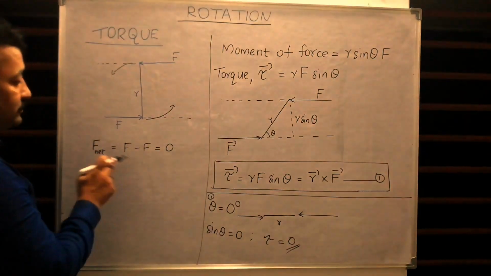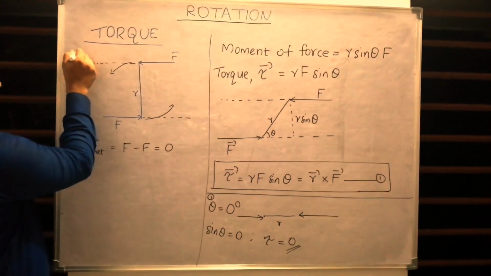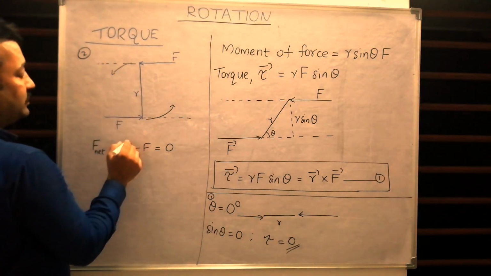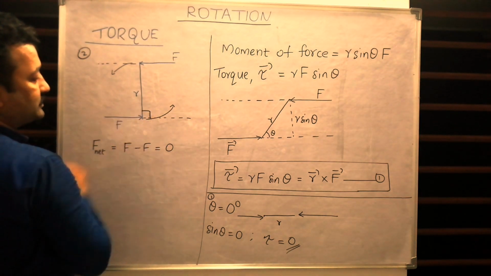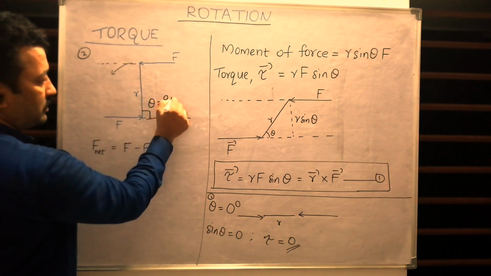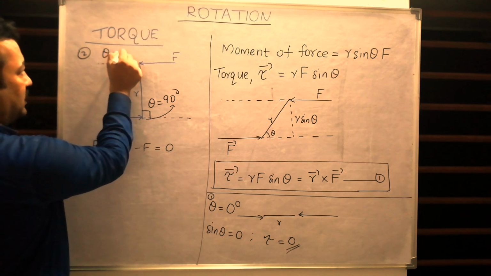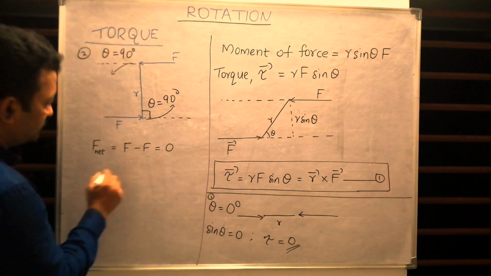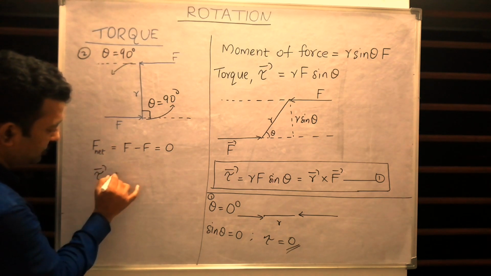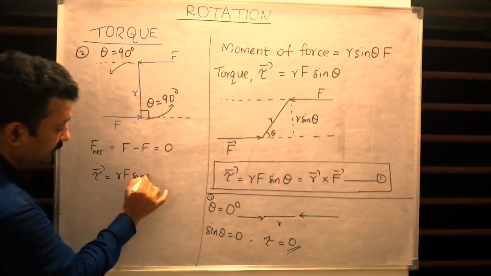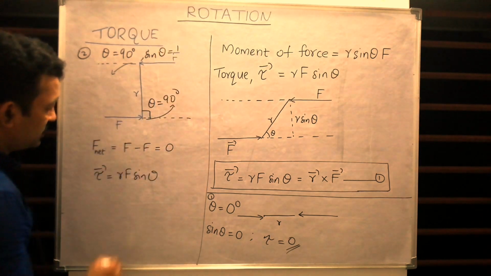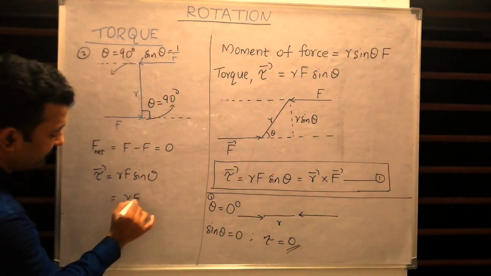The next case, the second case, is when theta is 90 degree. If theta is 90 degree, what will be the tau value? Tau is rF sine theta. Sine theta for this case is maximum, which is 1, so that gives rF.